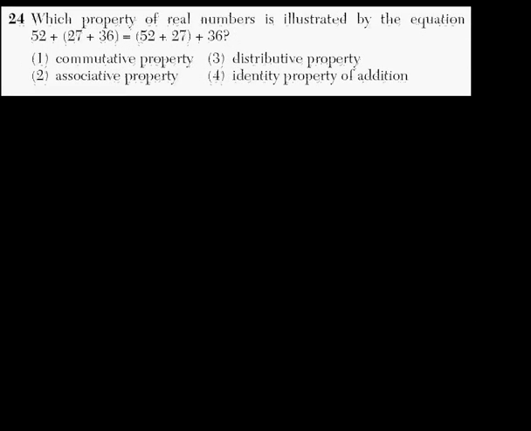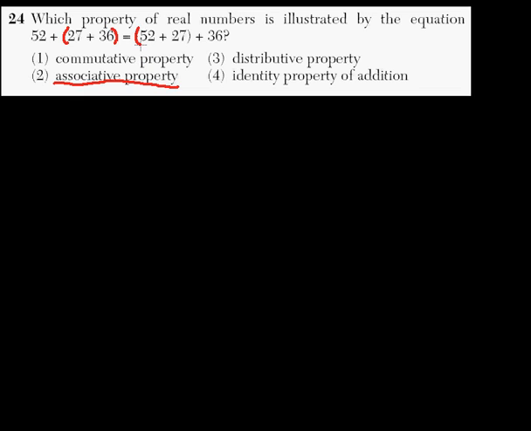Number 24 says, what property of real numbers is illustrated by the equation 52 plus the quantity 27 plus 36 equals the quantity 52 plus 27, plus 36? That is the associative property. We are associating these two numbers, they're buddy-buddy in the parentheses.